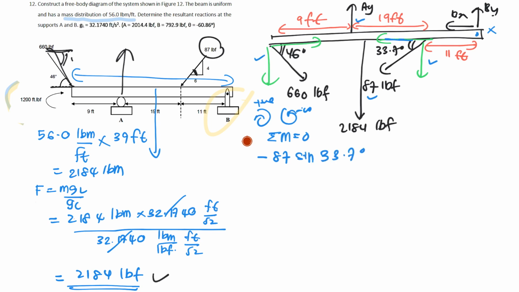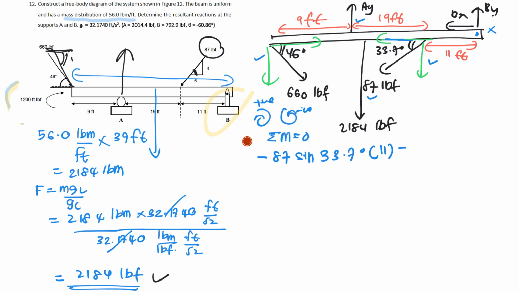Then 2184, clockwise or anti-clockwise? It is going to be anti-clockwise. Sorry, I didn't put the level arm here. Because for moment you need to multiply with the level arm, so 11.